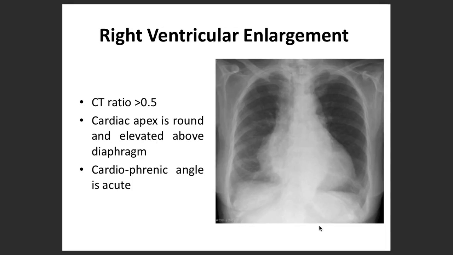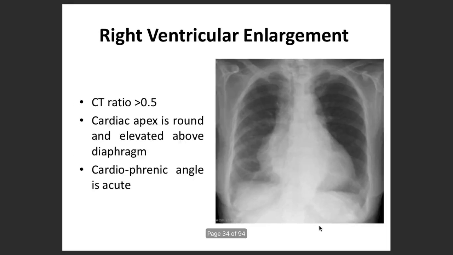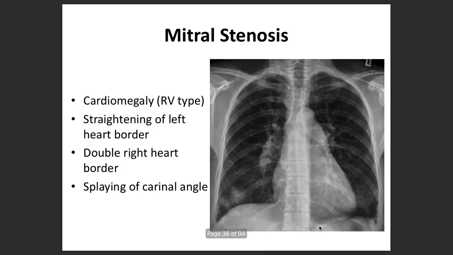If RV enlargement is there, the cardiophrenic angle is acute, and the cardiac apex is rounded and goes above the diaphragm. However, for LV enlargement, it is obtuse and is going to merge with the diaphragm.